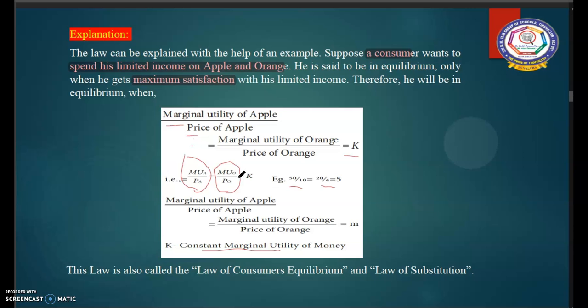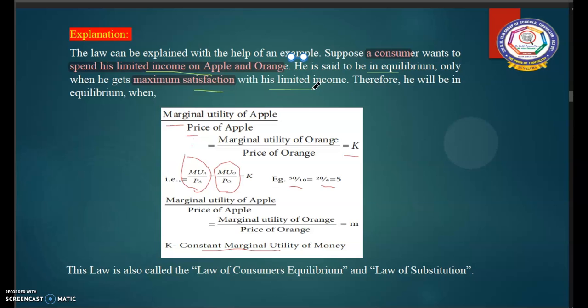Next, explanation. The law can be explained with the help of an example. Suppose a consumer wants to spend his limited income. If the consumer has decided to spend his income on apple and orange, he is said to be in equilibrium only when he gets maximum satisfaction with his limited income.